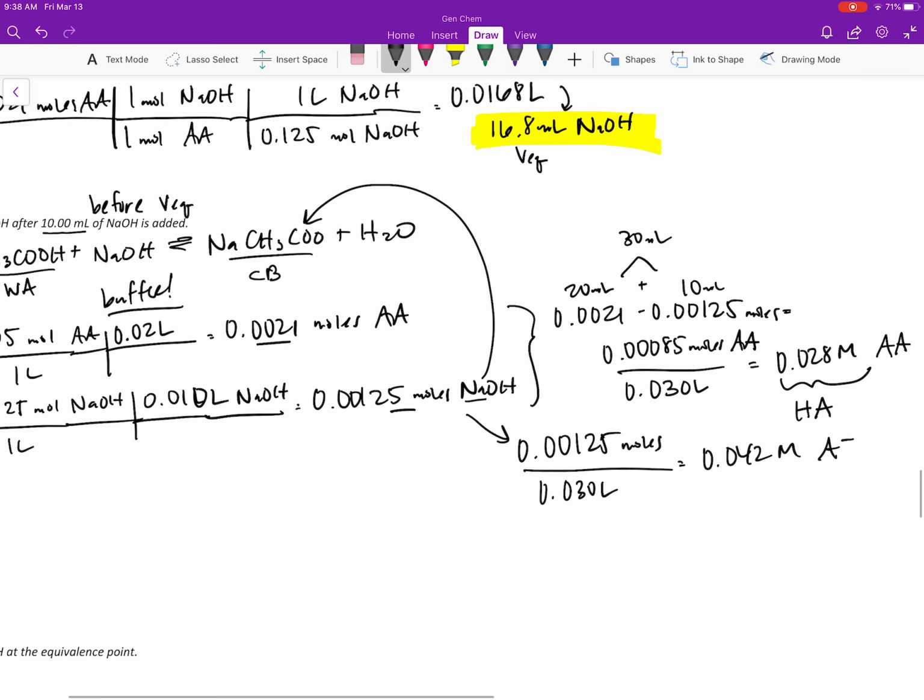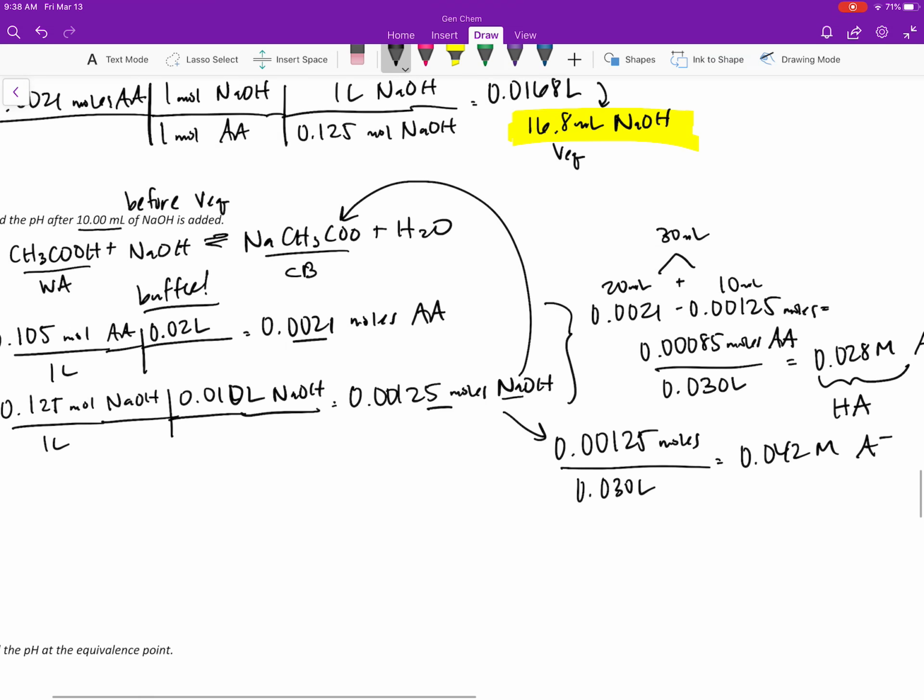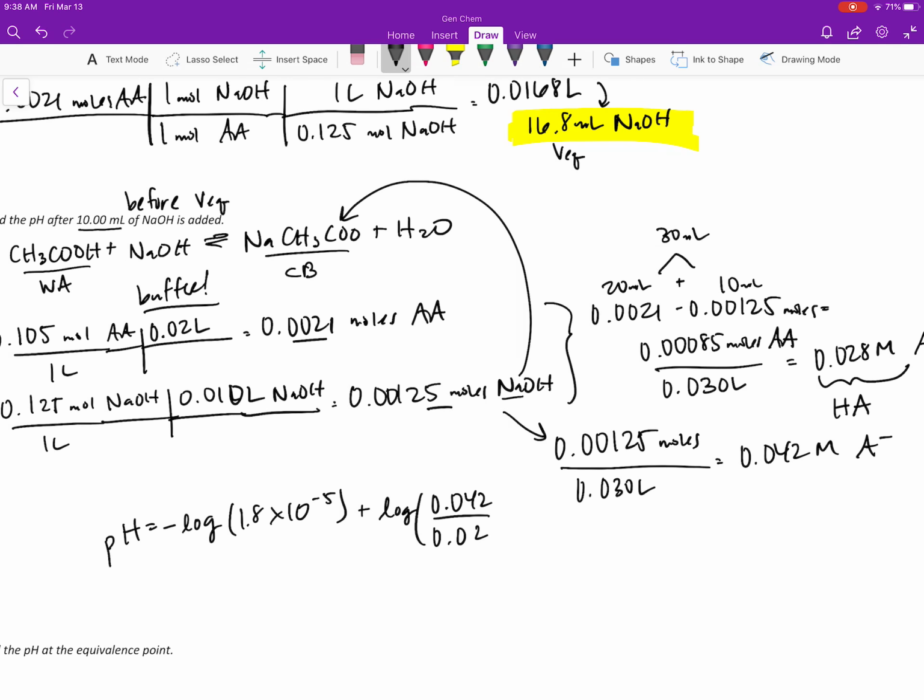Okay, so now I have my A minus and HA, I know my pKa, which is the negative log of 1.8 times 10 to the negative fifth, plus the log of A minus over HA. And when you solve for everything, you end up getting a pH of 4.92.